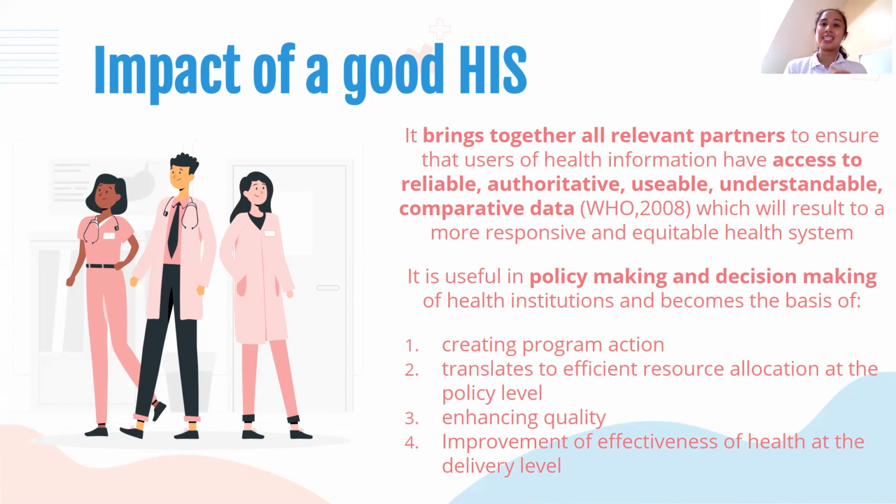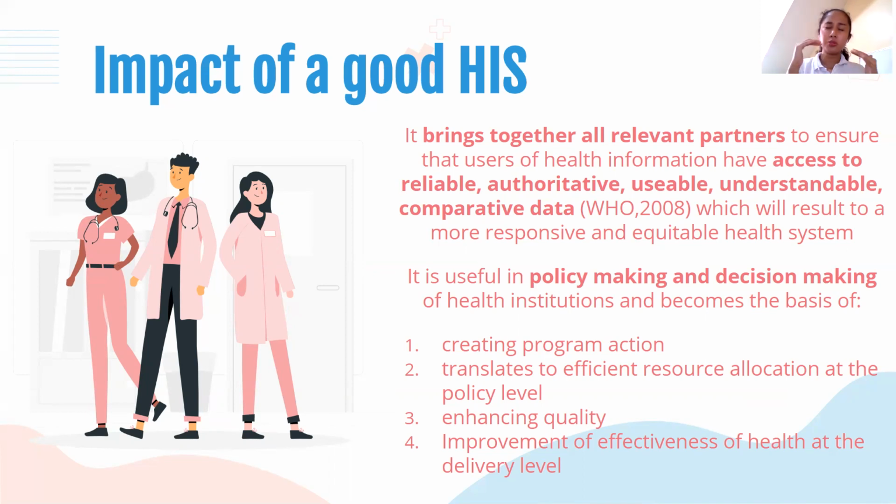So what else, class? It is useful in policy making and decision making. You know that. Why? Because it will be the basis of, number one, creating program action. Based on the reports that were given, we can make a new program or improve our program. Number two, translate to efficient resource allocation at the policy level.